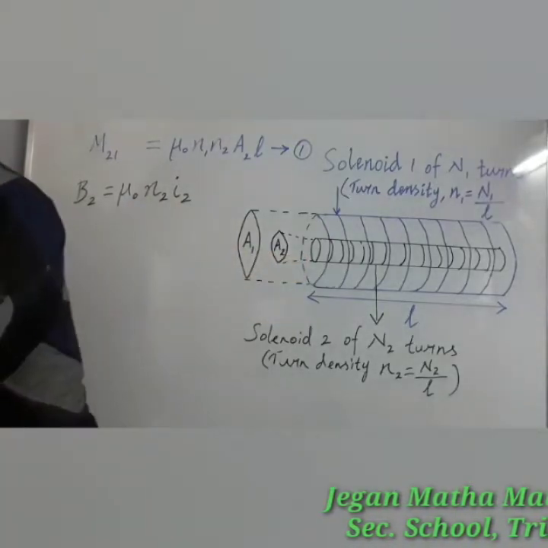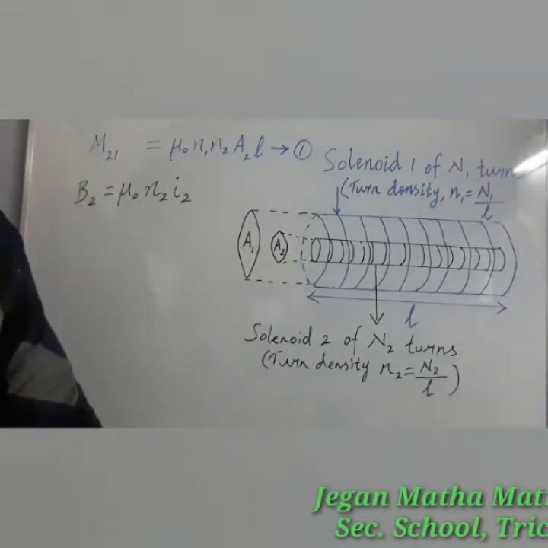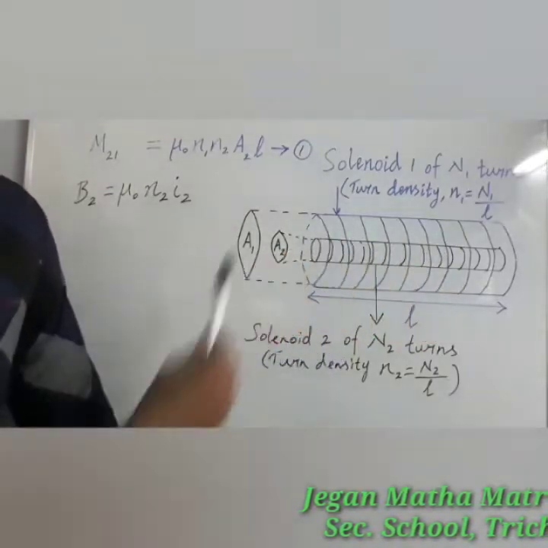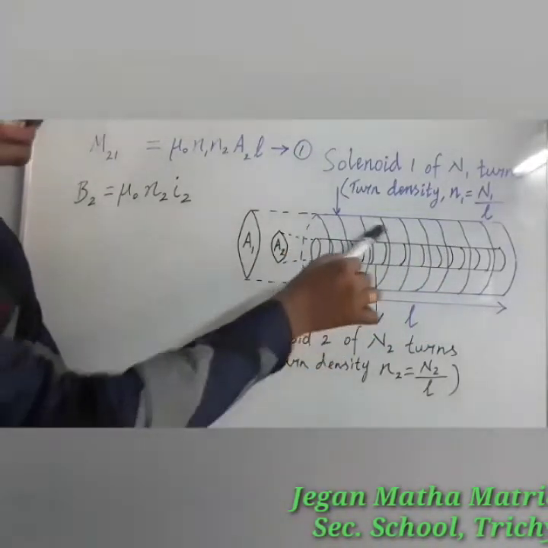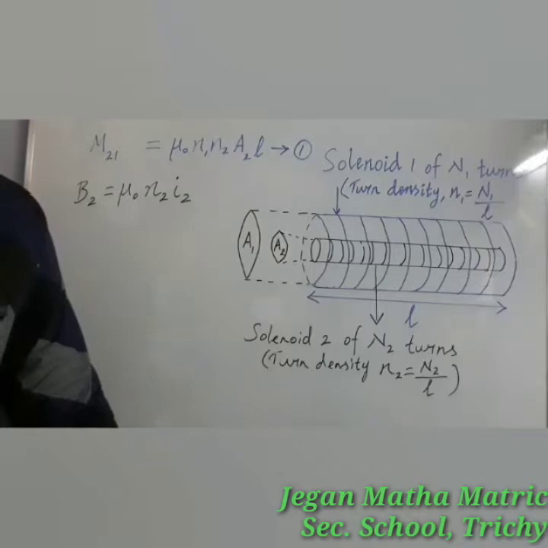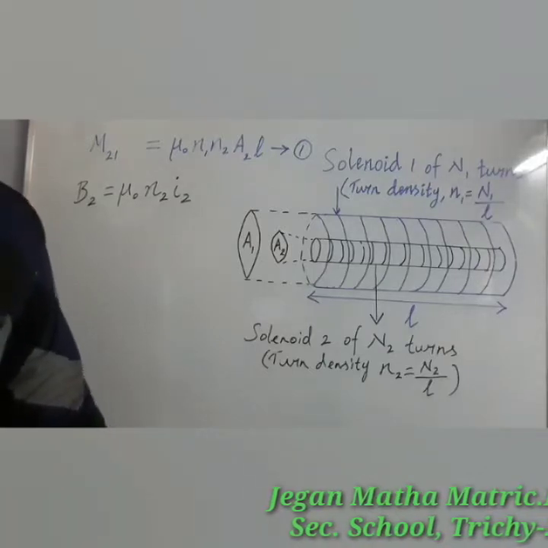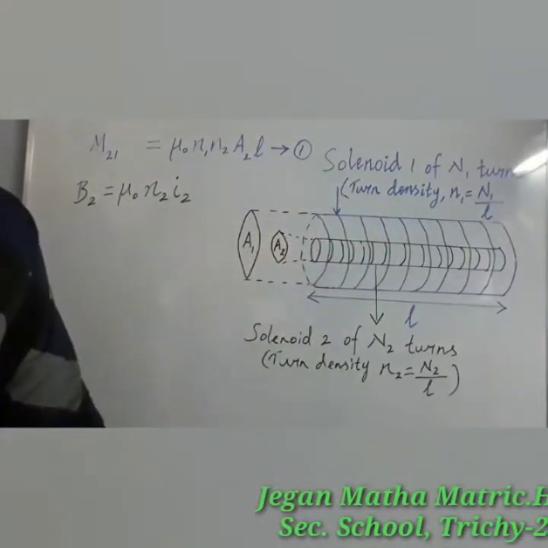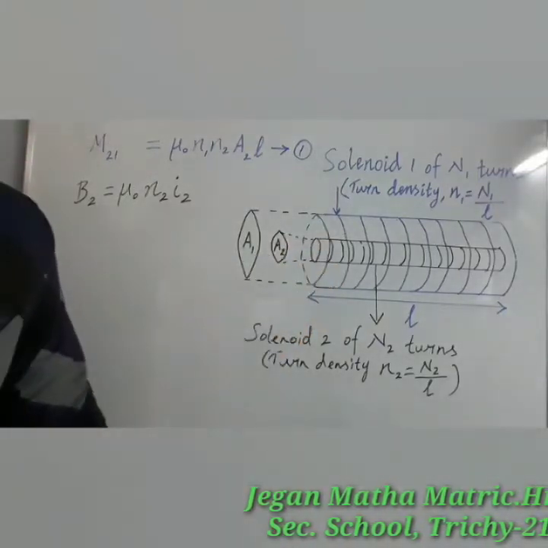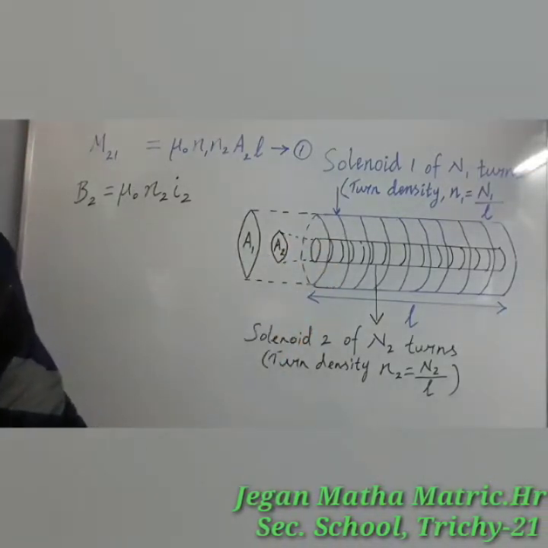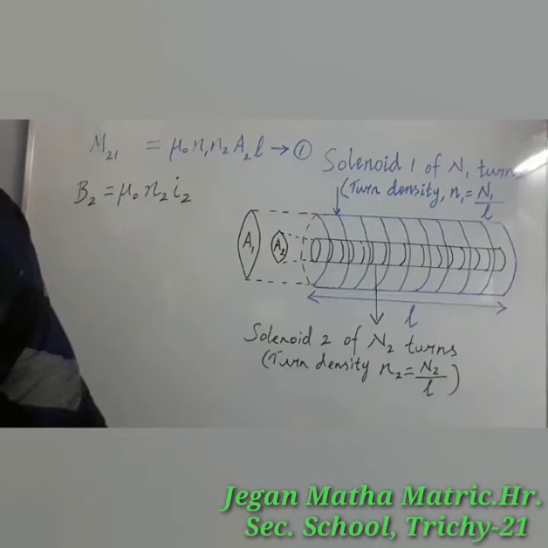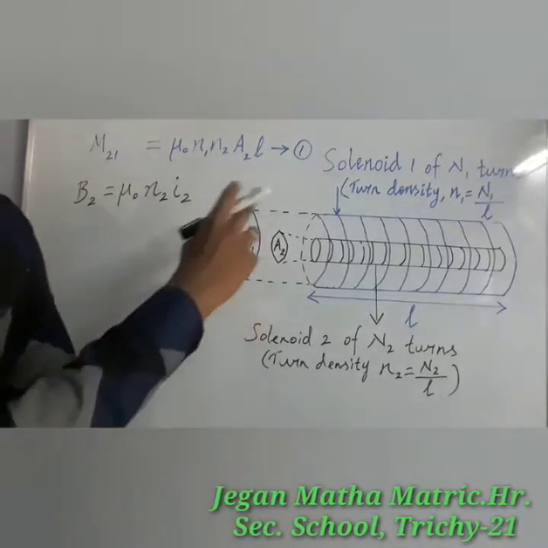As I have told already, this magnetic field B2 is uniform inside the second solenoid, but outside solenoid 2 it is almost 0. Therefore, for the first solenoid, the area A2 is the effective area over which the magnetic field B2 is present, not area A1.